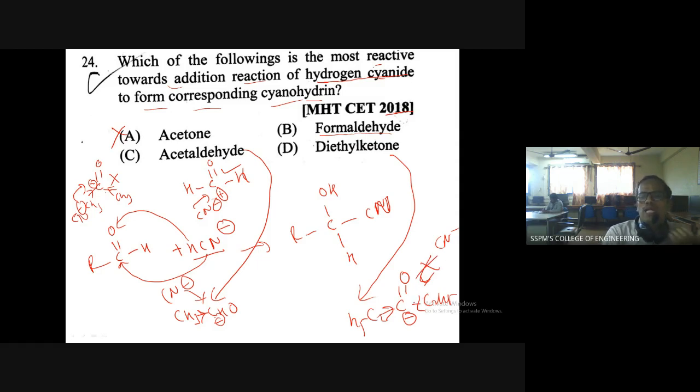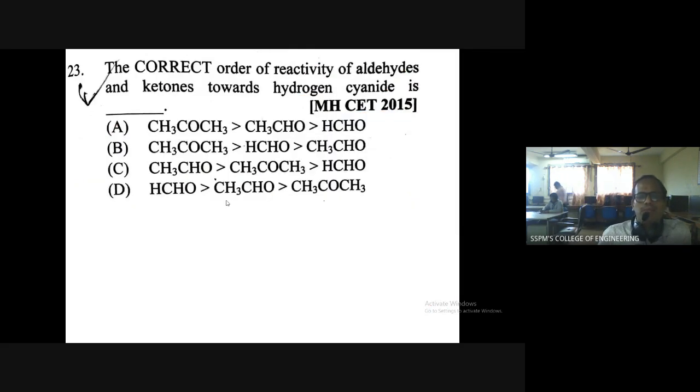So reactivity decreases. In formaldehyde, no alkyl group is directly attached to the carbonyl carbon, so the electrophilic character of this carbon is highest. Okay, so this is the way you should recognize the compound.